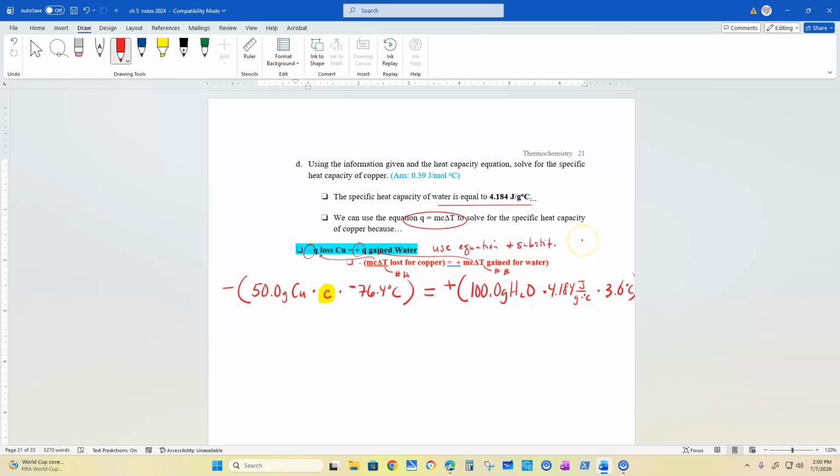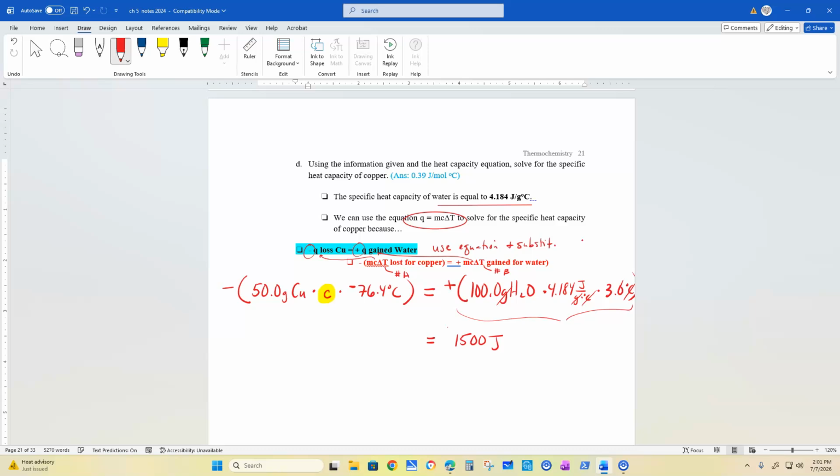Okay, so I'm going to tackle this side first because I have all the values. So I'm going to take 100 times 4.184 times 3.6. Okay, now my grams cancel, my degrees Celsius cancels, which is what I want. And I'm going to go off of 2 sig figs, so I got about 1,500 joules.